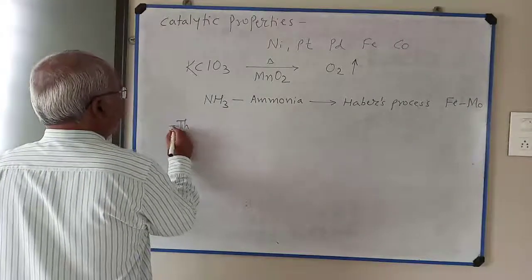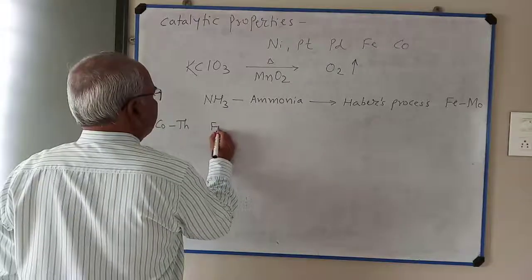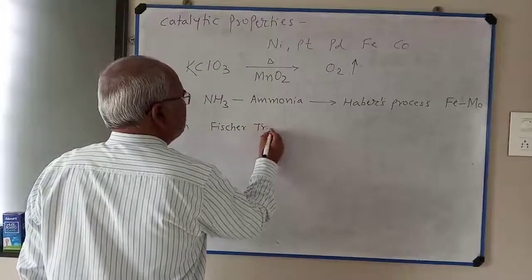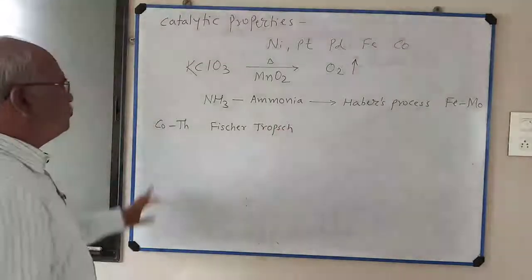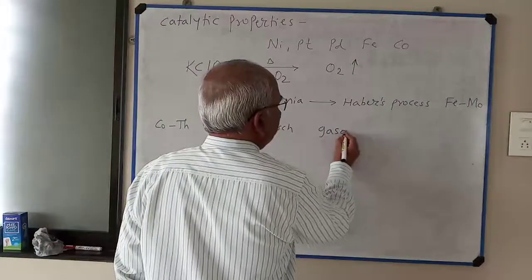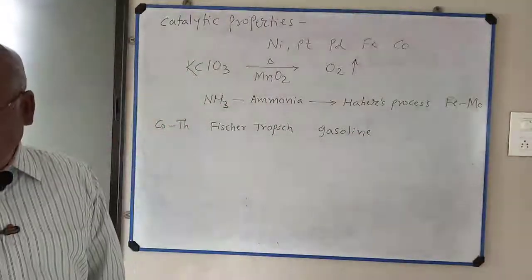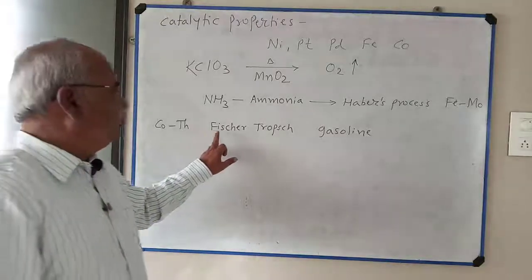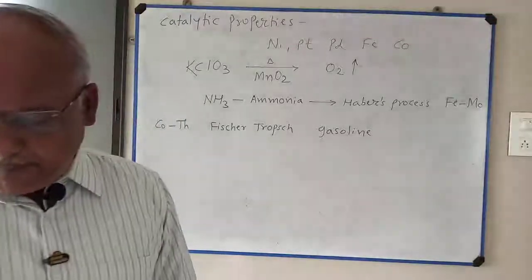Cobalt thorium alloy is used in the Fischer-Tropsch reaction to synthesize gasoline, which is petrol.